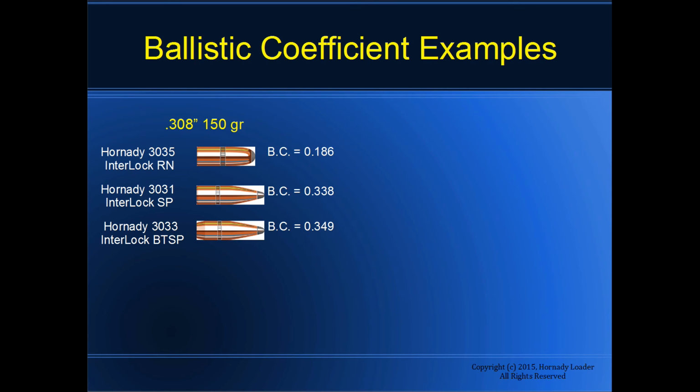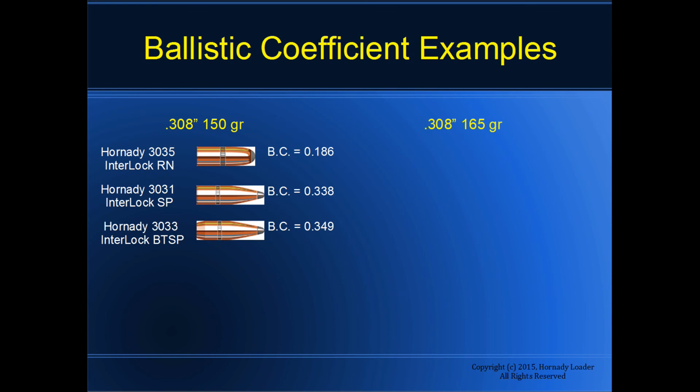And it has a ballistic coefficient of 0.349, a little bit higher. Okay, so as you can see, the shape of the nose or the head of the bullet has a much higher effect on the ballistic coefficient of a bullet than the boat tail. The boat tail gives it a little bit better, but not quite as much as the nose of the bullet.